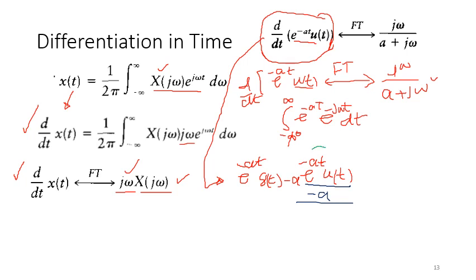The Fourier transform of e power minus at u of t we have just done, and this is equal to 1 over a plus j omega. Now because we have scaled it by a factor of minus a, I just write here minus a.